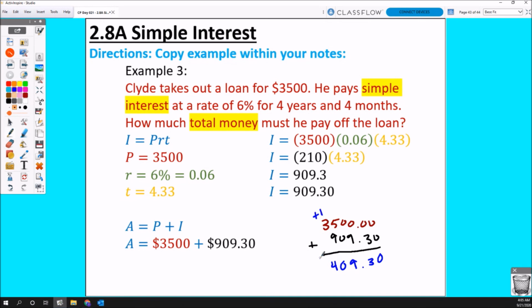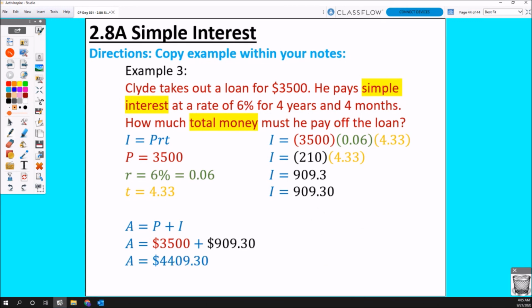So 1 plus 3 is 4. So our amount or total money that he must pay off for the loan, taking account of the principal and the interest, is $4,409.30. So this is going to be our final answer.